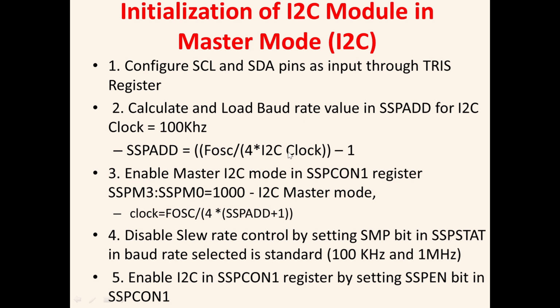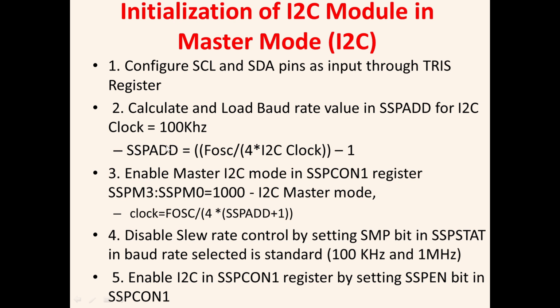After the calculation of these values inside this formula, you will be able to define one decimal value, convert that decimal value into hexadecimal, and load that address into the SSP add register.